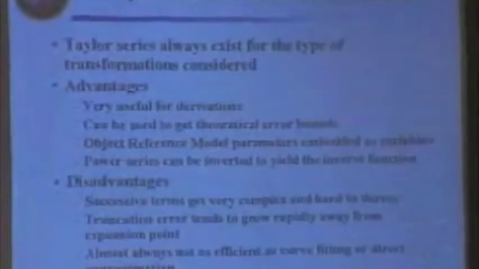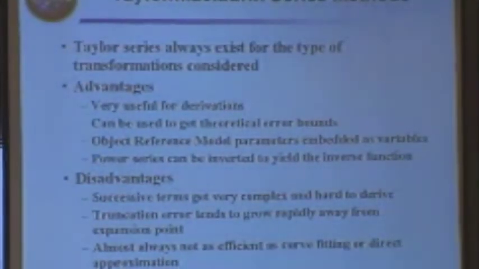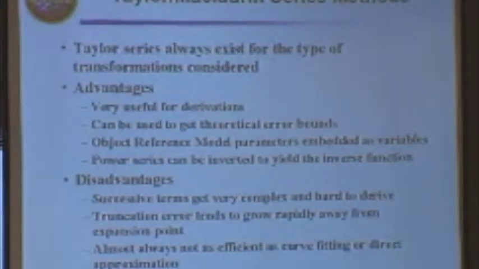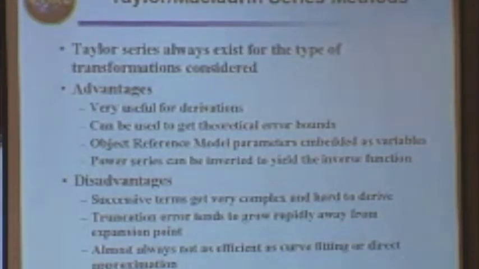They can be inverted. All power series can be inverted to get inverses. One of the problems is you start deriving these things, and you have to use the chain rule for partial derivatives in more than one dimension. And things expand in complexity until you can't stand it, and you don't know if you've made an error.